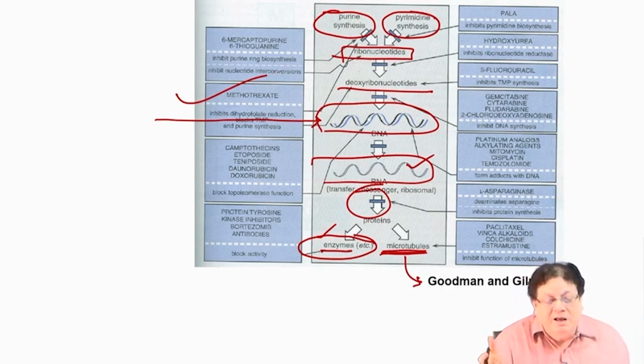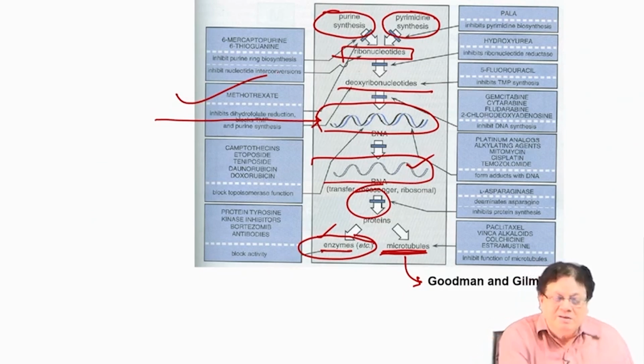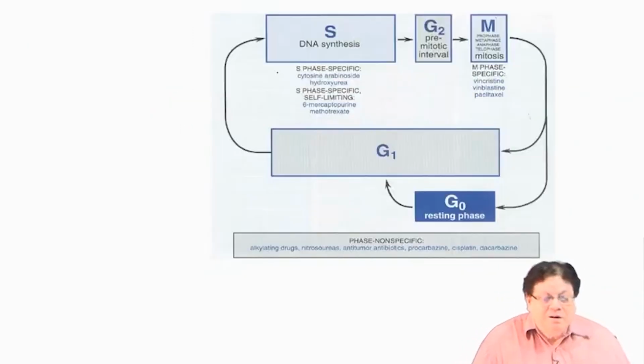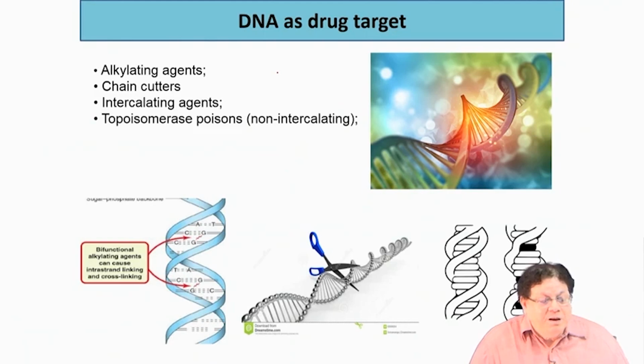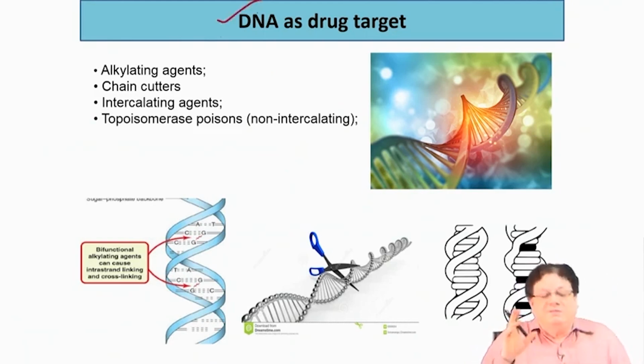Methotrexate, what it does, it inhibits the dihydrofolate reductase, which is important for making the thymine from uracil. Okay, so that is one of the earliest anti-cancer drugs that was developed. Now let us go one by one. First, we will go by the DNA as the target, nucleic acid as the target.